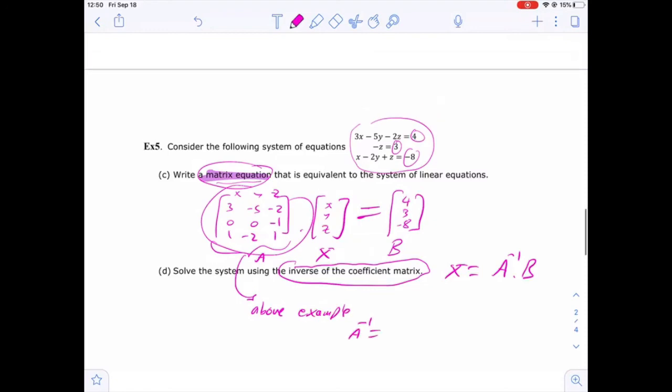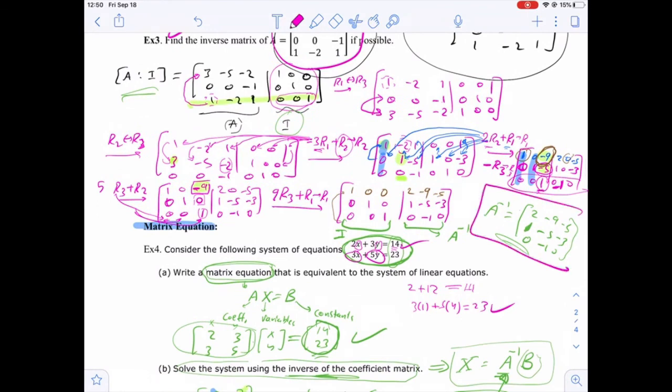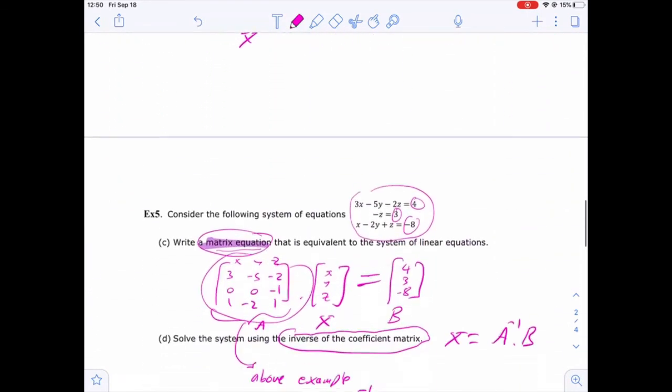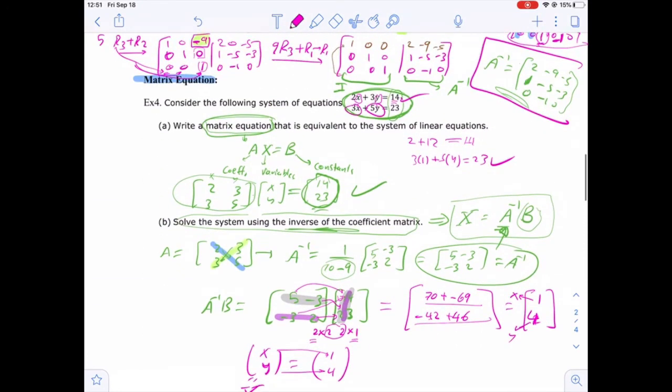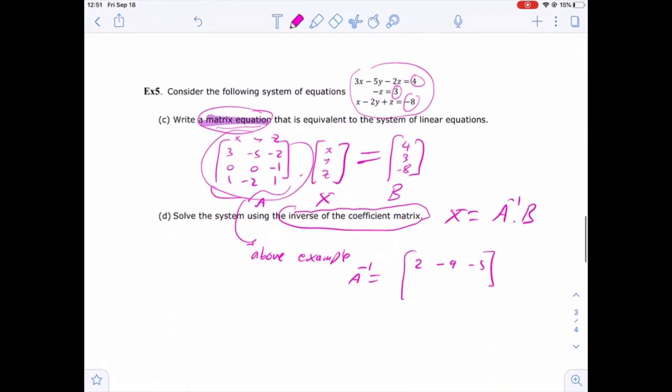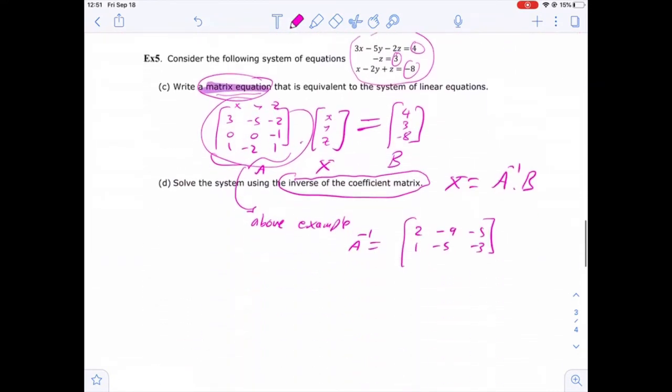A inverse is here: 2, negative 9, negative 5; 1, negative 5, negative 3; and 0, negative 1, 0.